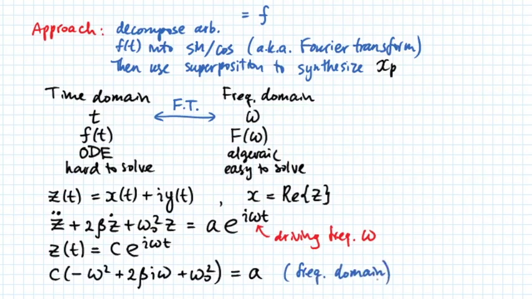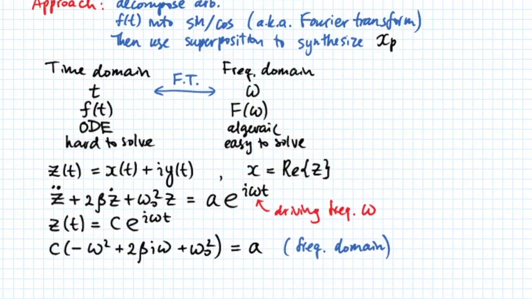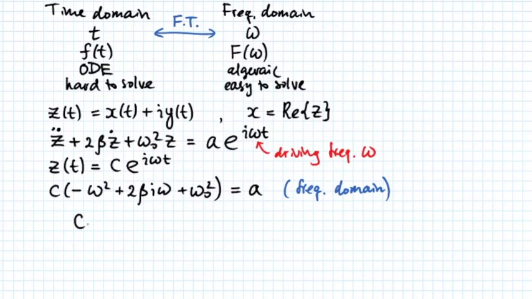And we see that it's no longer a differential equation, but rather an algebraic equation. Solving for C, we find that it's given by amplitude A divided by omega naught squared minus omega squared plus 2 i beta omega.